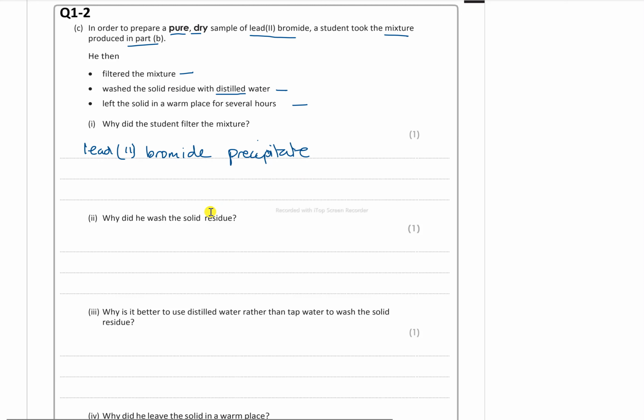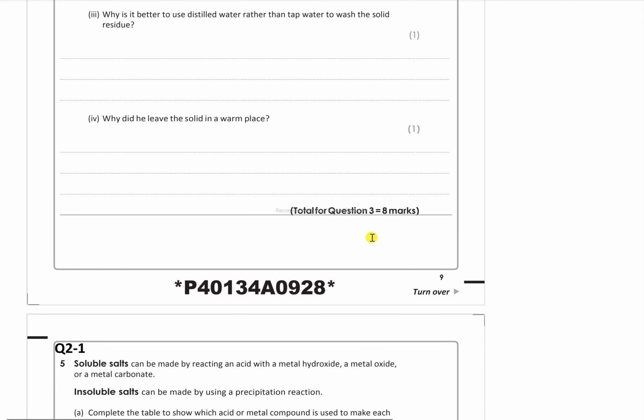Okay. Why did he wash the solid residue? This is again a standard answer: to wash away any impurities, or in this case the impurity was potassium nitrate. Why is it better to use distilled water rather than tap water? Again it'll be a standard answer.